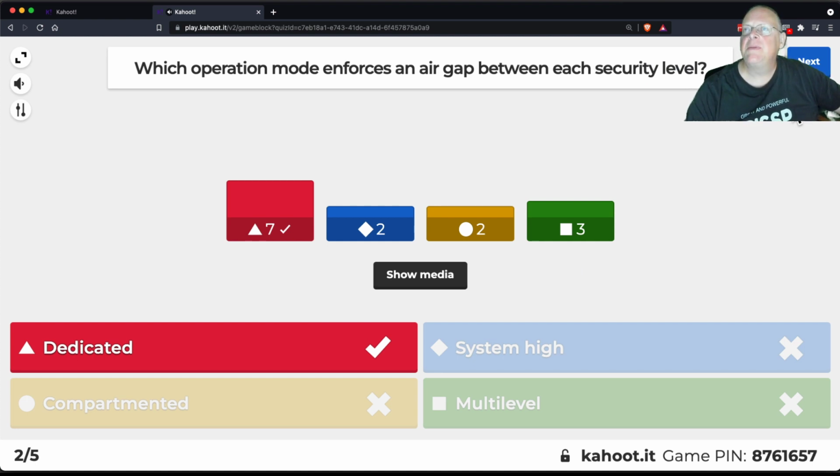The system is dedicated to have one level of data, and people are not allowed to touch it unless they're cleared for that, and it's separated completely from the other systems. You have a dedicated system for each security level. You do not trust the operating system to limit things at all. You just limit it on the outside with physical access to the device.